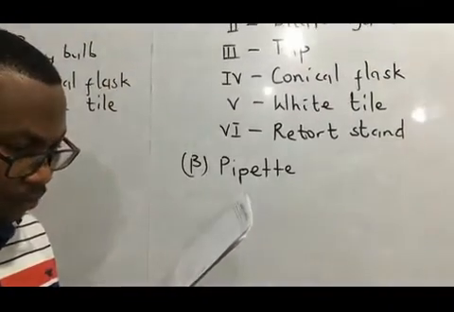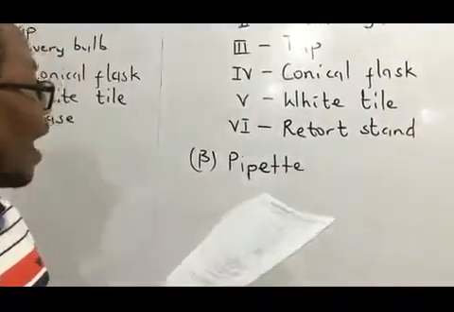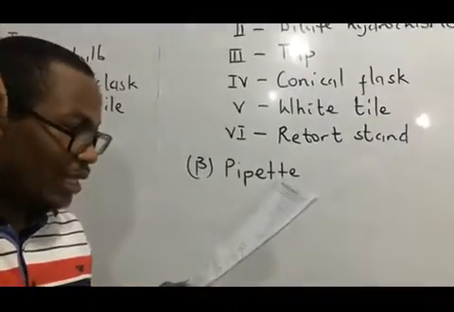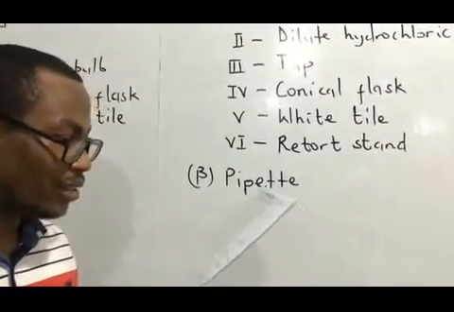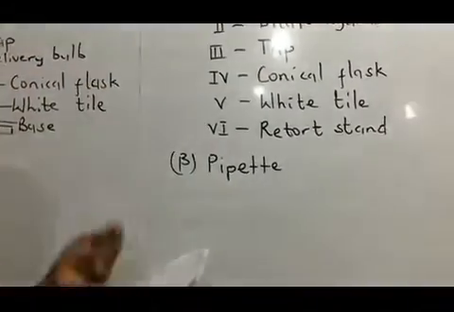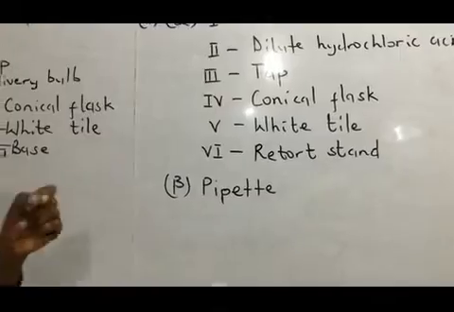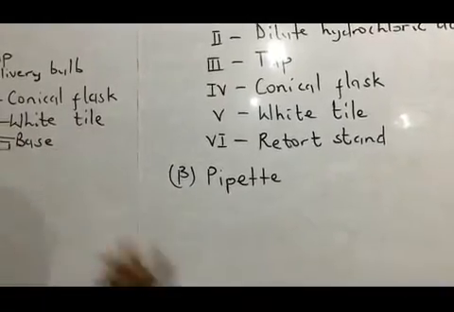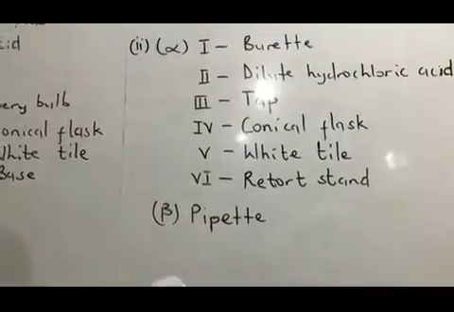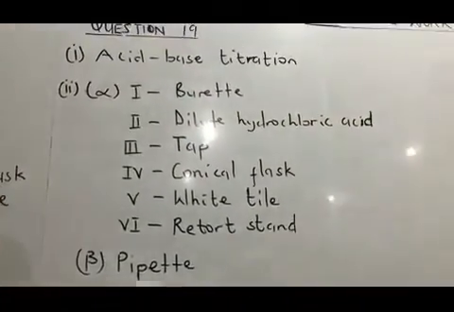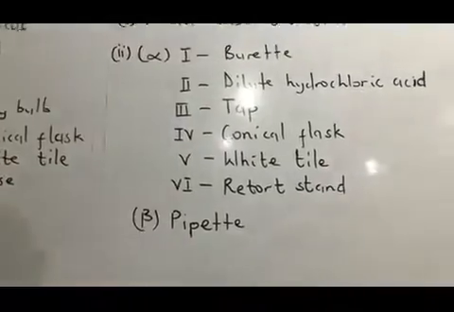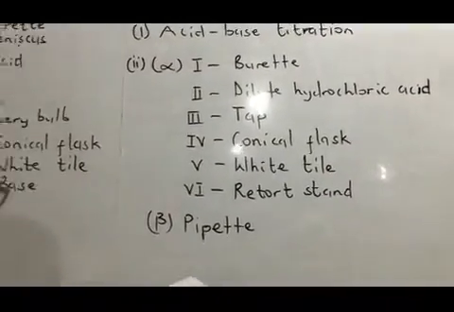Question I alpha says, name the type of reaction that occurs in the part labeled IV. A reaction between an acid and a base to form water and salt is called a neutralization reaction. We looked at neutralization reaction in theory when we were talking about acids, bases, and salts.